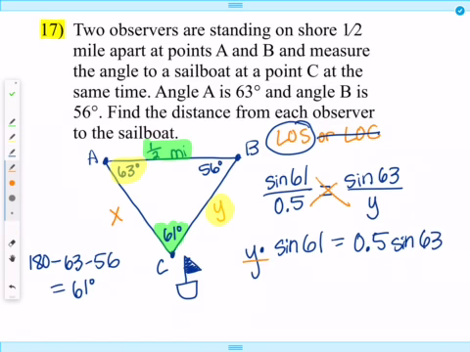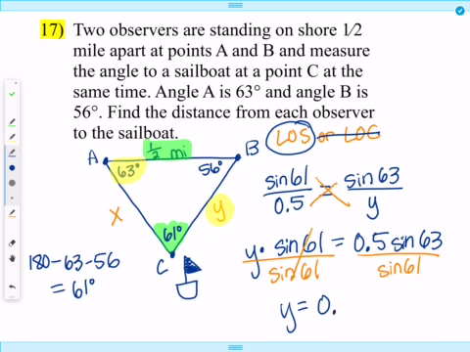And then I need to divide by sine of 61. And that tells me that Y equals 0.5 sine of 63. Make sure you close that parentheses after you type in the 63. Divided by sine of 61.